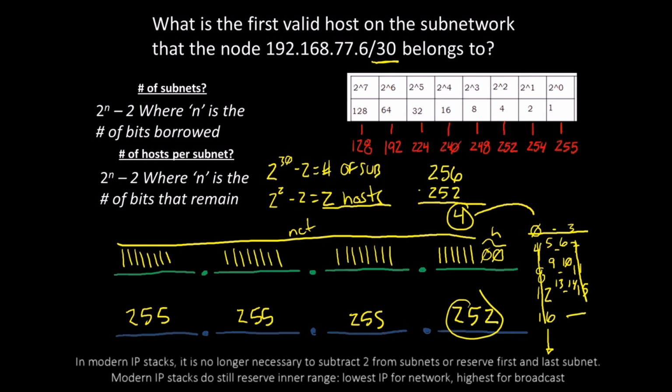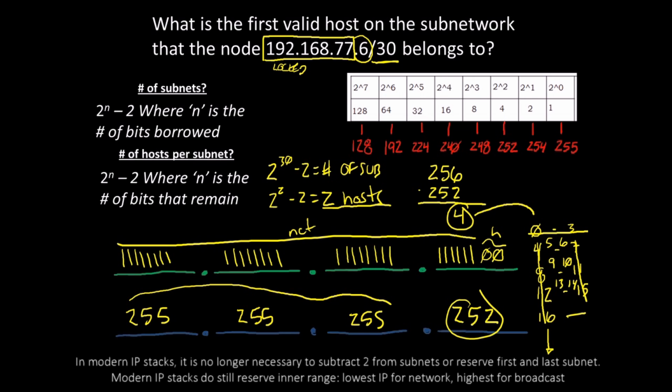So now that I have the correct information, I'm going to go back up here and concentrate on my word problem. And it wants to know, what is the first valid host on the subnetwork that the node 192.168.77.6 belongs to? Now again, since I have these 3 locked in, we don't really have to focus too much on this part of the IP address because that's locked in. What we're really trying to figure out is, what does this belong to as far as the first valid host?